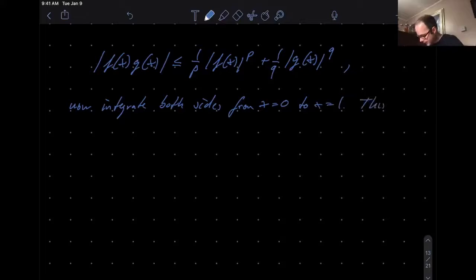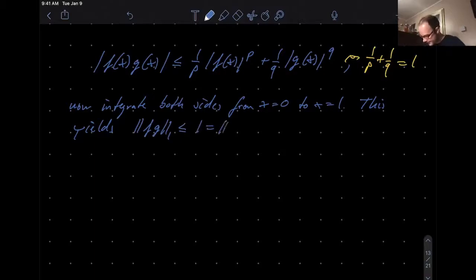This yields at once, because remember f and g, they're normalized to 1, so their p norms and their q norms are equal to 1 after integration, and this will just become 1 over p plus 1 over q, but those indices, they sum up to 1. Okay, so you find immediately that the 1 norm of fg is less than or equal to 1, which is the p norm of f times the q norm of g.